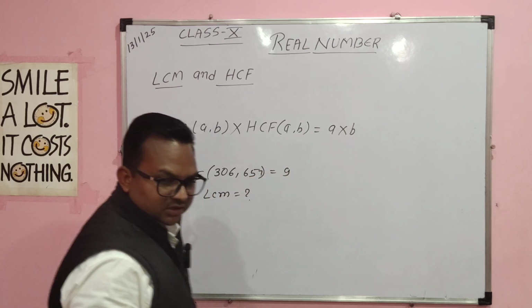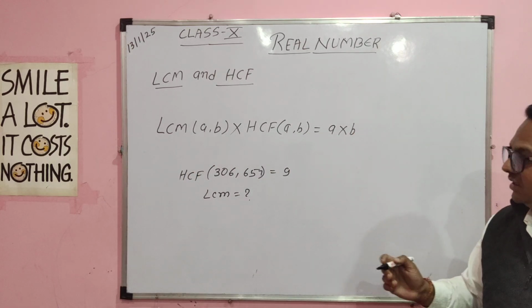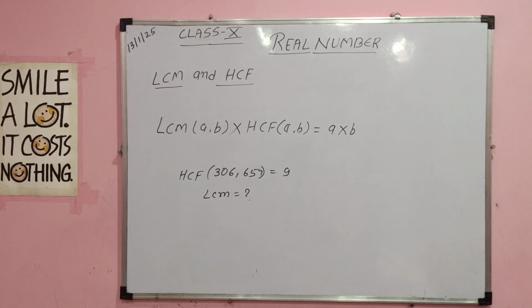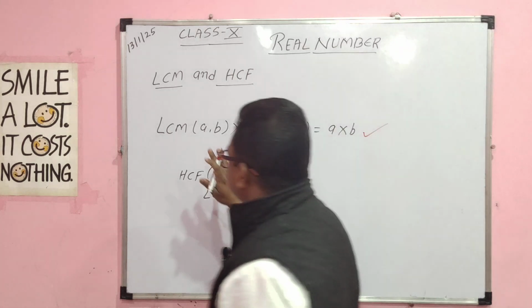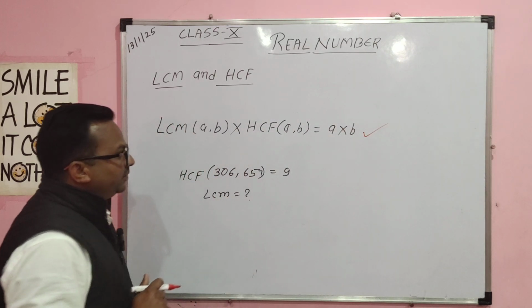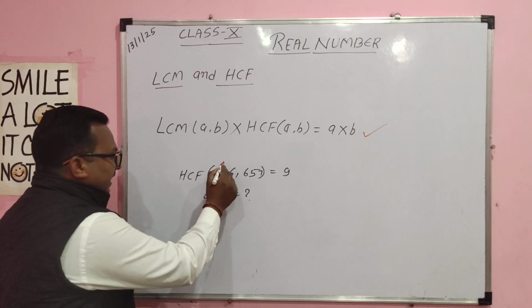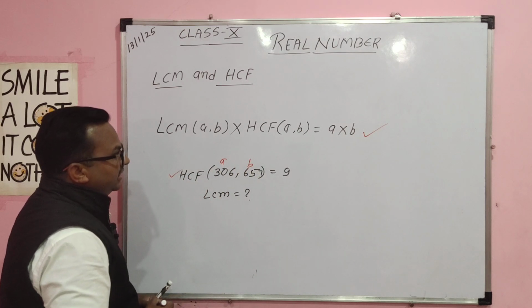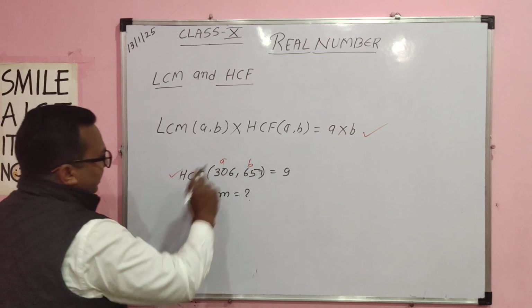With the help of this formula we can find it directly. The formula is LCM of A and B multiplied by HCF of A and B equals A multiplied by B. We have 2 numbers A and B, and HCF is 9.